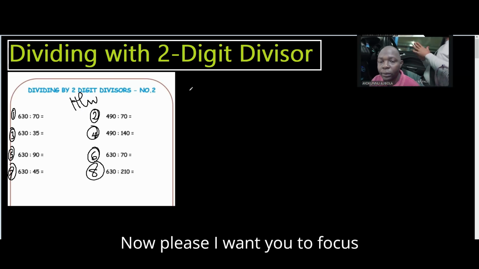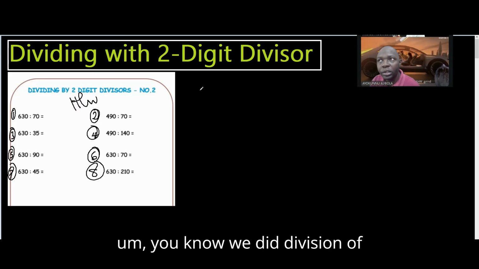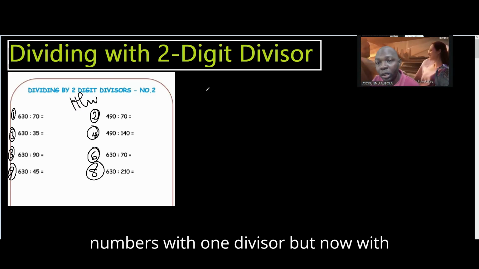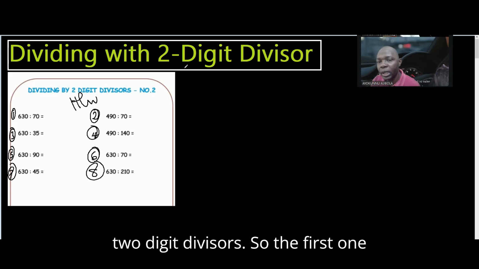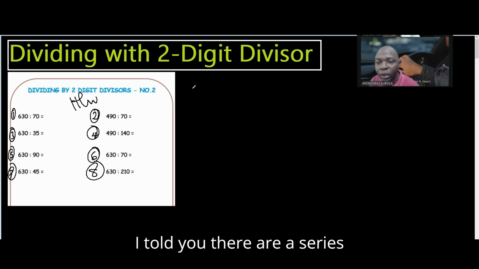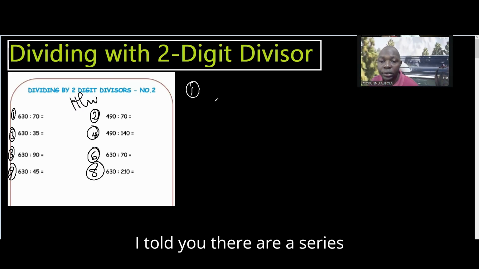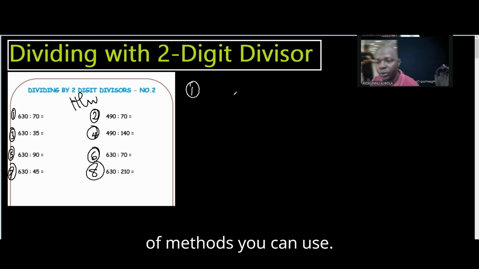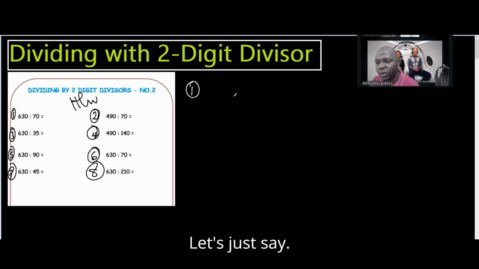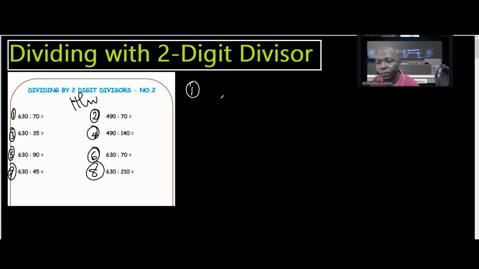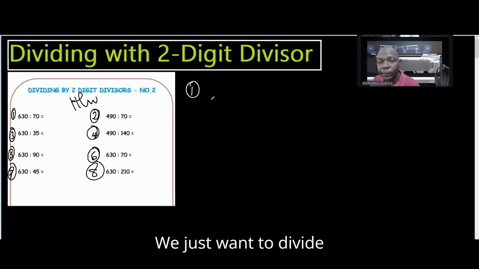Yeah. Now, please, I want you to focus. We did division of numbers with one-digit divisor, but now with two-digit divisor. So the first one, I told you there are a series of methods you can use. Let's just say we just want to divide, okay?